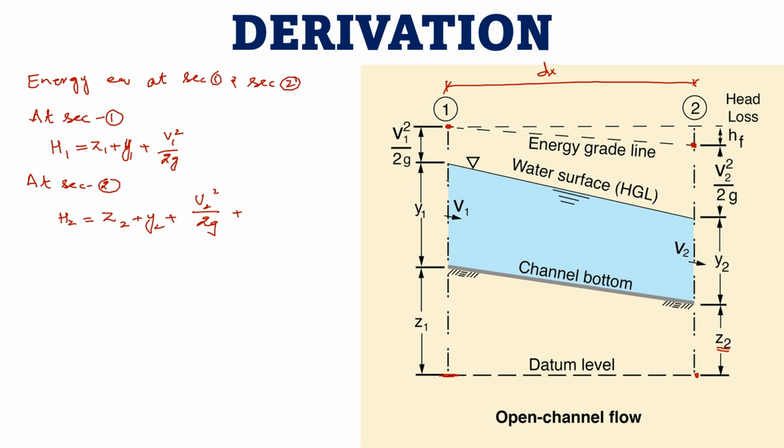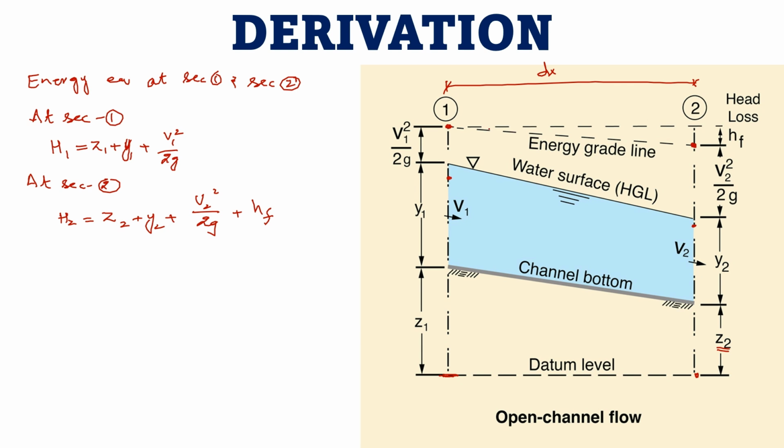Because from this point to this point, there will be a loss of energy due to frictional forces, or due to bends or any alteration in the channel. Those alterations or fluctuations may induce a head loss. We can simply say that we will add the head loss in the channel, HF, at section 2.